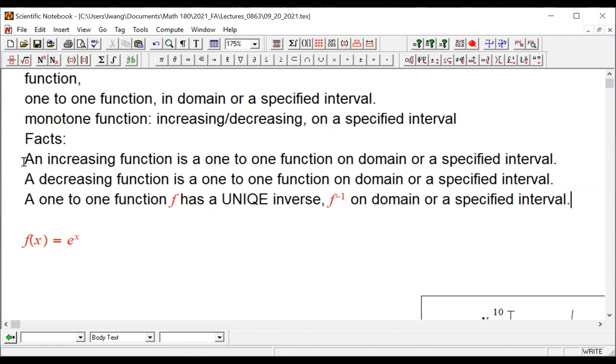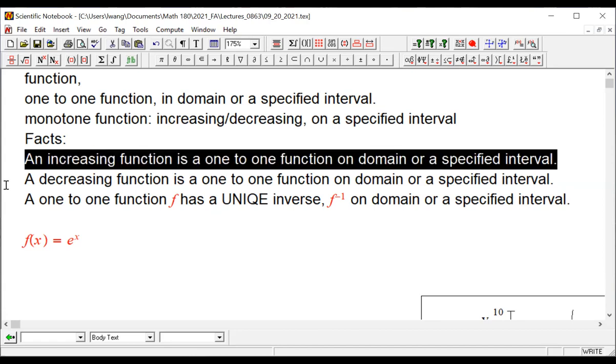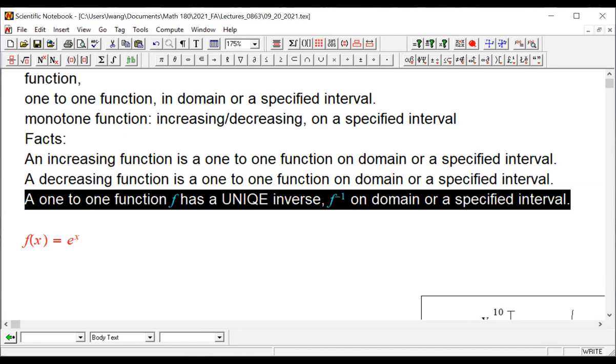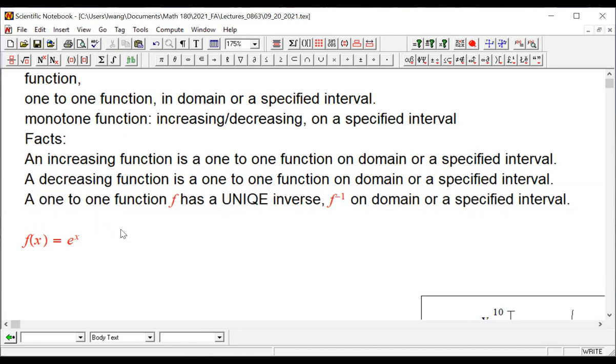Anyway, we use these three facts. I'm going to build a little case for you. This is a very simplistic case if you compare all those things you have to do in calculus. Now I have a function f of x equals e to the power x. Then you can say this function is an increasing function on its domain.